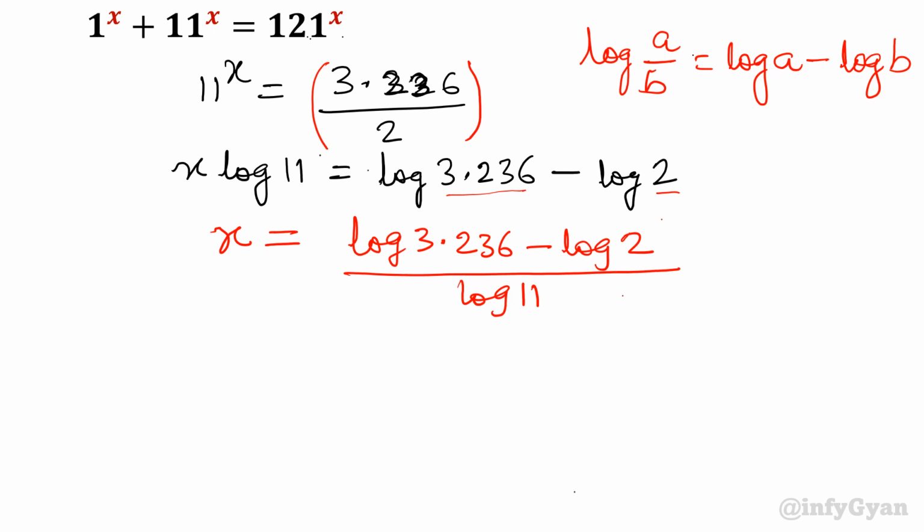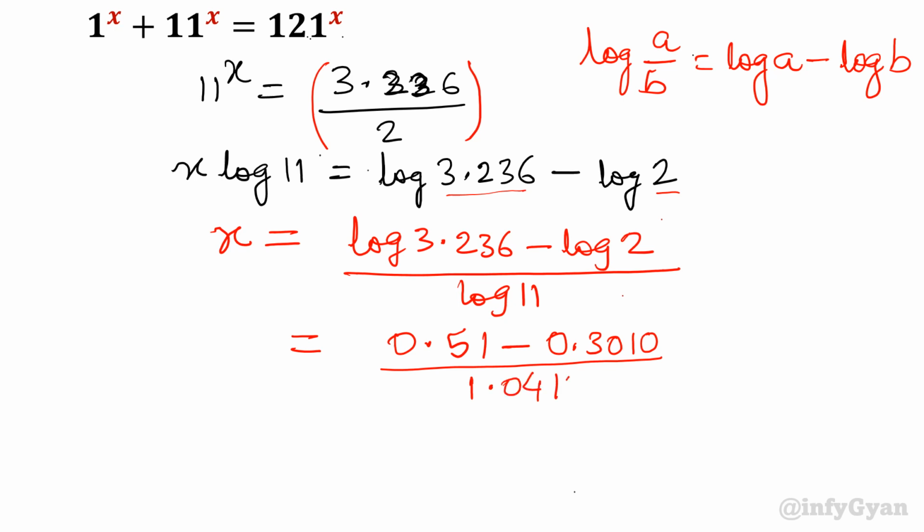Now let's find out the values of log 3.236, log 2 and log 11. Let's put them directly. So log 3.236 is 0.51. Log 2, as we all know, is 0.3010. Log 11 would be closer to 1, 1.0413.